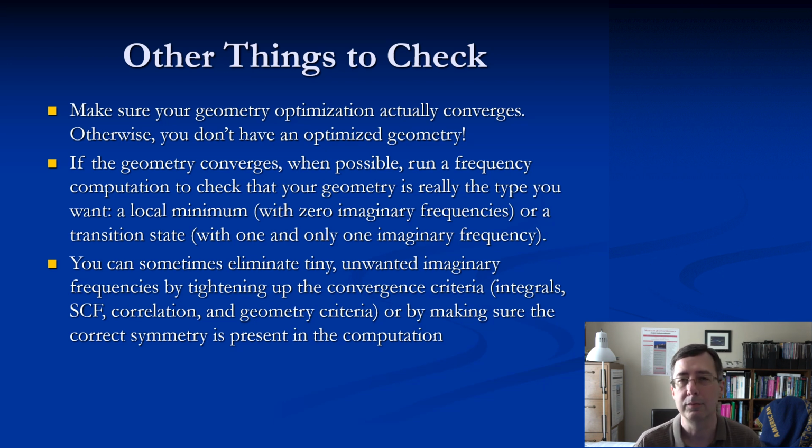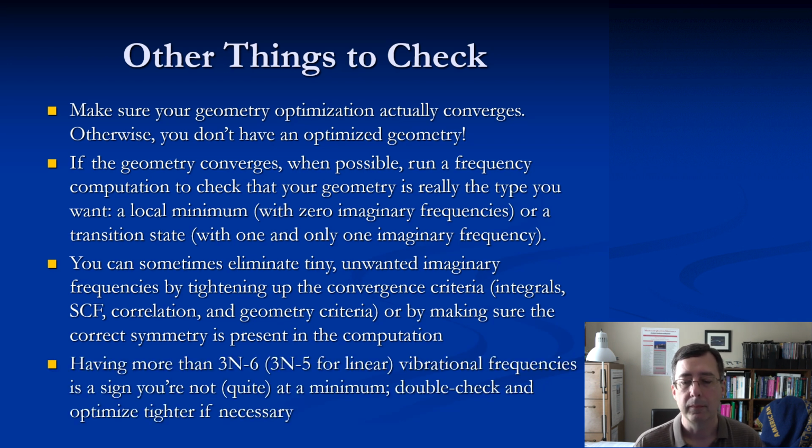And so a lot of times you can clean up this annoying little numerical noise by tightening up the convergence on your energy or on your integrals or on your geometry optimization. And a lot of times then those tiny little imaginary frequencies will just go away and be replaced by the zeros that you're looking for for translations or rotations. And so you do want to check that you have 3N minus 6 vibrational modes, or if it's a linear molecule, 3N minus 5 vibrational modes, where you get, if you're looking for a minimum, real frequencies that are not imaginary.